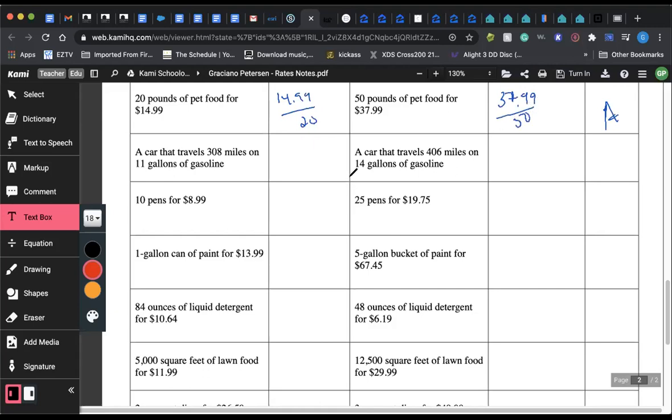Okay, a car that travels 308 miles on 11 gallons of gasoline and a car that travels 406 miles on 29 gallons of gasoline. Which one has the better gas mileage, A or B? A. So what do we get for A? We got 28, right? And B got 29. Okay, so in this case, B is better because we want the higher number for miles per gallon, right?